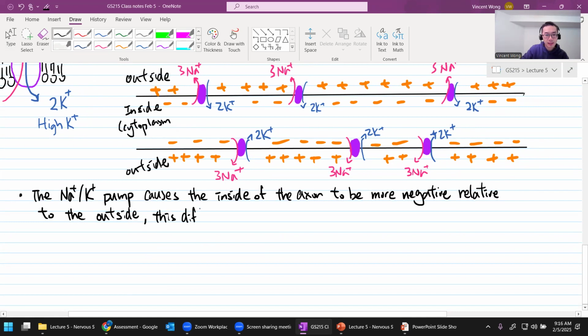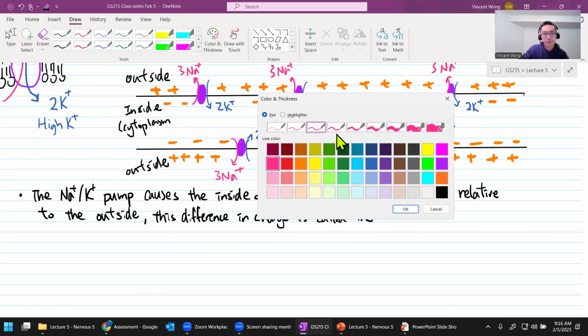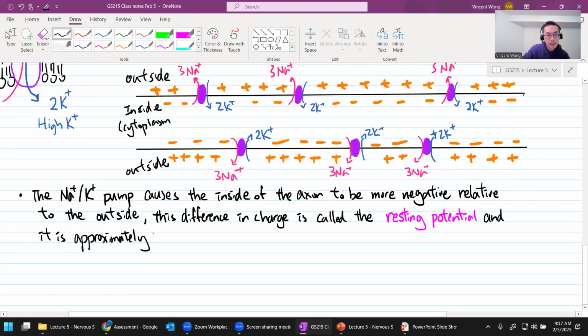This difference in charge is called the resting potential, and it is approximately negative 70 millivolts. I'll explain. Just copy first.